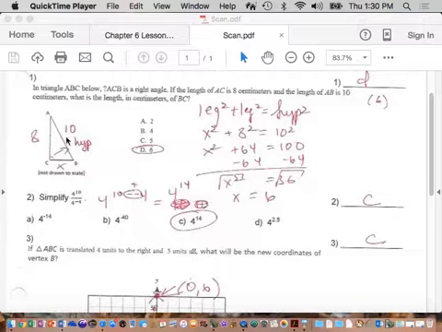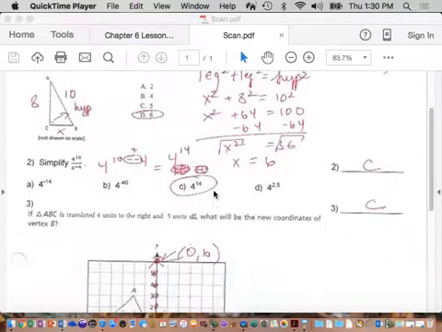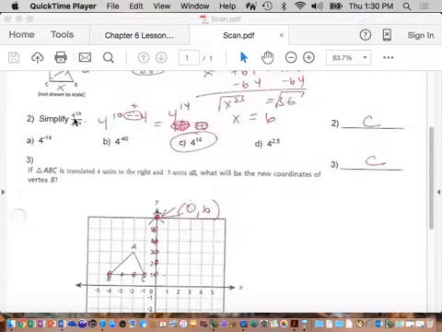And it says AB is 10, there's AB, so I put the 8 and the 10 there. And then the missing side I call x. So x squared plus 8 squared is 10 squared. And I just start working out the numbers. Solving the equation, subtract 64 from both sides, square root. 6 is the answer. Number 2, keeping that common base, subtract exponents, 10 minus negative 4 is 14.